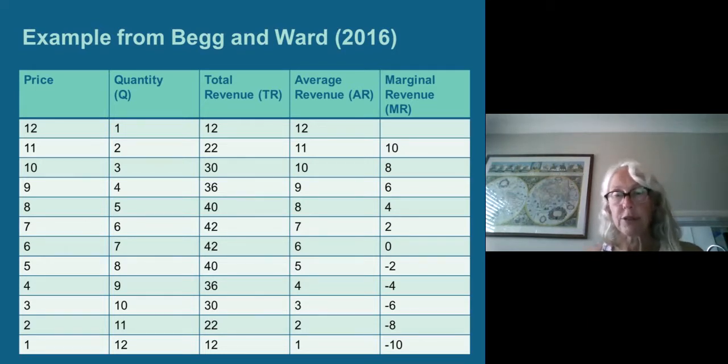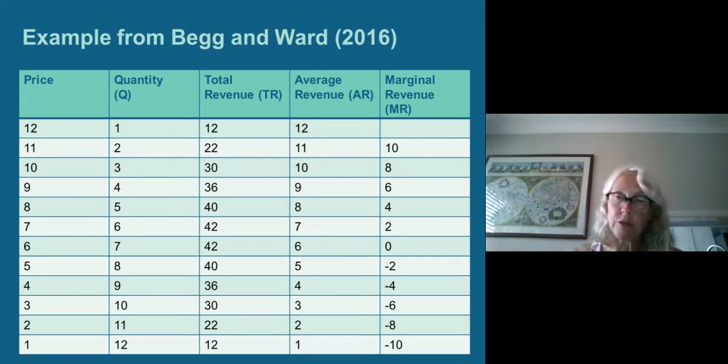And we can also look at this in terms of the average revenue. So we sell one ticket at a price of £12, so £12 divided by 1 gives us that average revenue. But as we go down that table, you can see that the average revenue starts to drop, all the way down to 1 there.